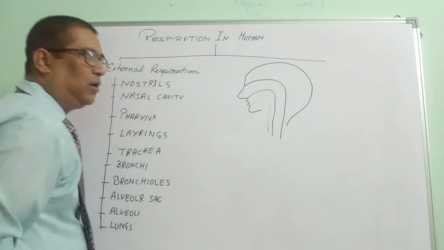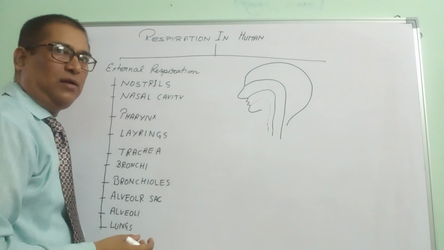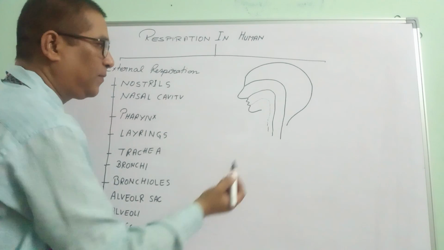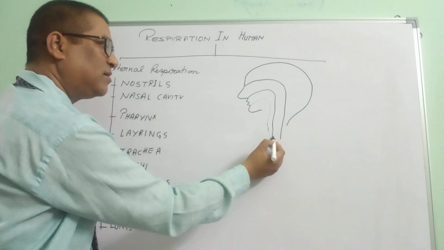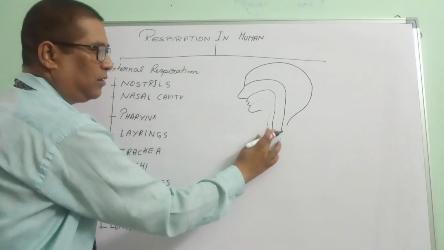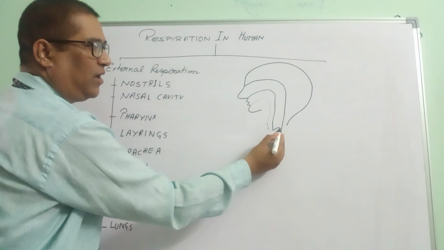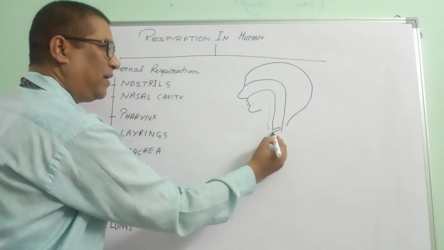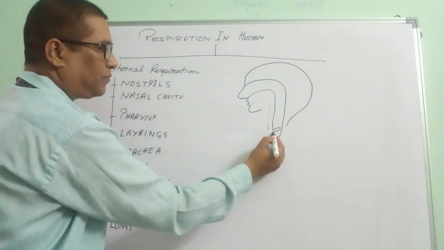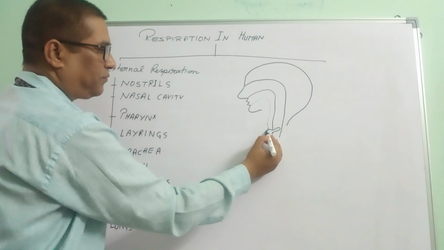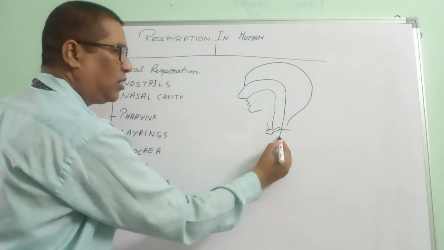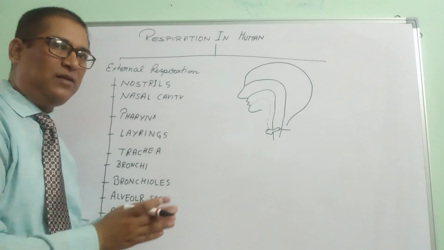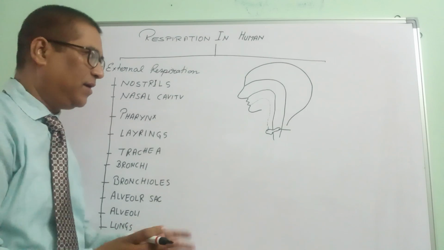Now, the food pipe as well as the nostril at these places are similar, but the windpipe is covered with a cartilaginous flap-like structure, and that flap-like structure is called glottis. This is called glottis, and after that the food pipe and windpipe are separated.